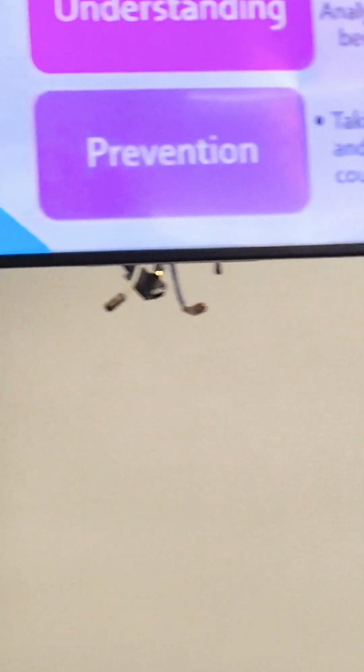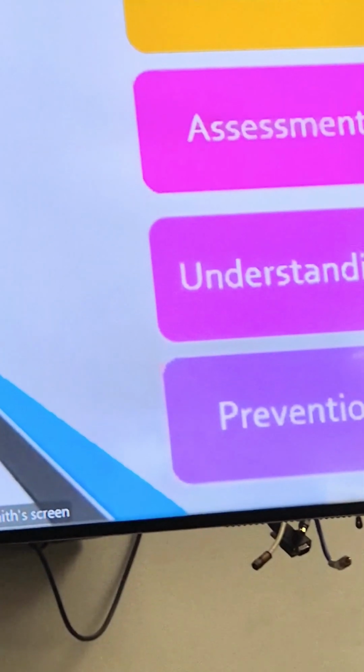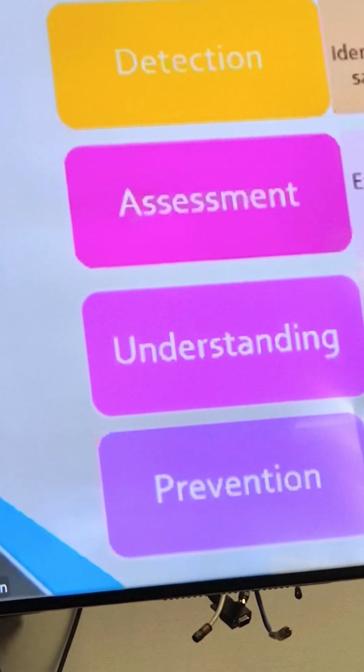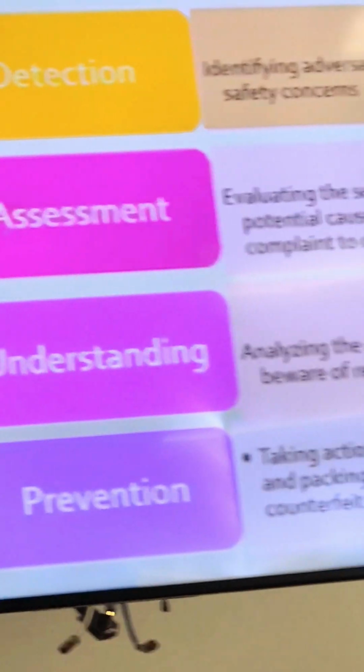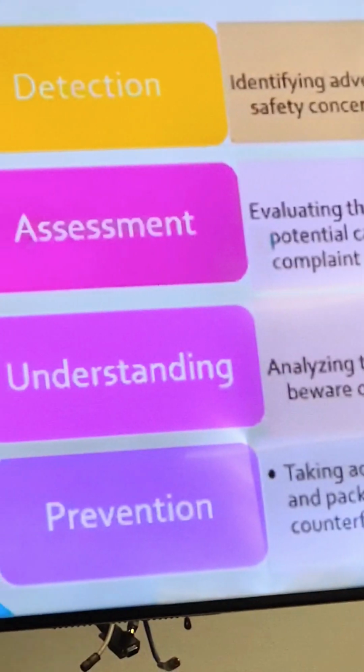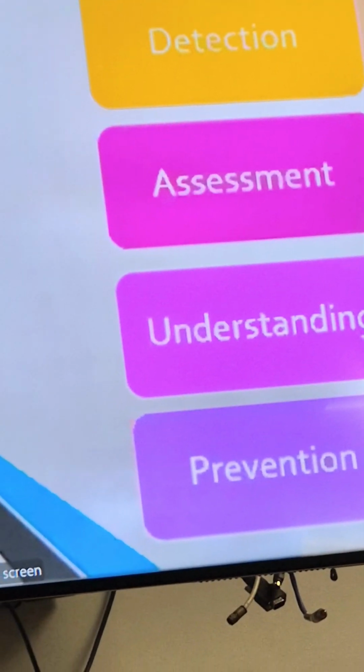So here are the key components of pharmacovigilance. They are detection, as mentioned, assessing, understanding, and prevention. These components help identify adverse drug effects or other safety concerns. By assessing, you want to evaluate the seriousness and the frequency of potential cause when one is identified.